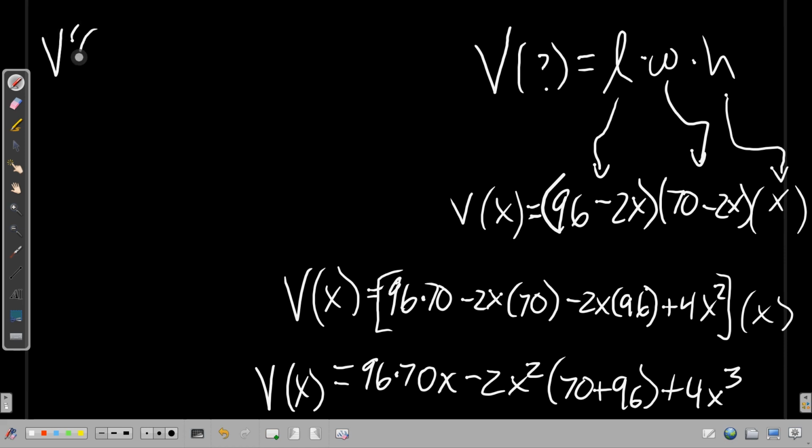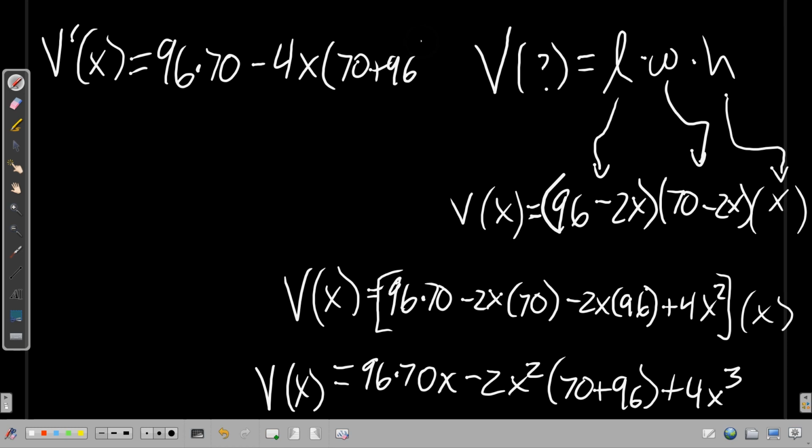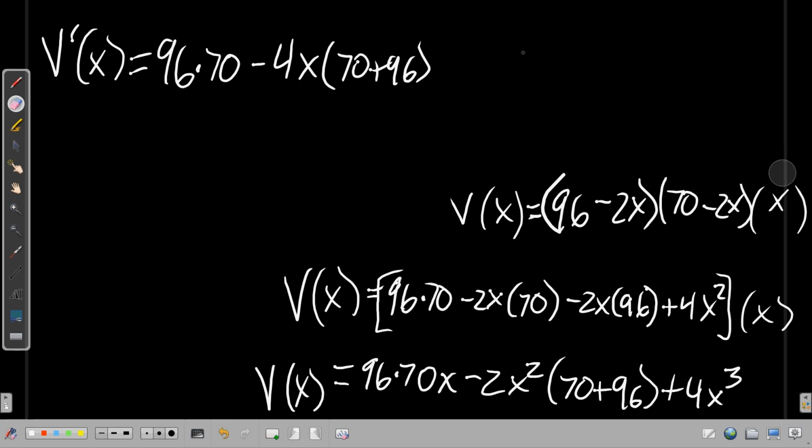Well, V prime, I'll just differentiate term by term, and I'm going to get 96 times 70, because that's the constant, minus 4x times 70 plus 96, whatever that is, and then plus 12x squared. Okay, great.